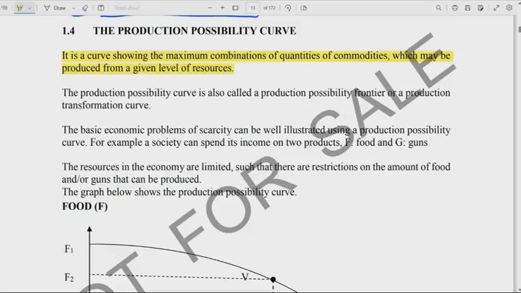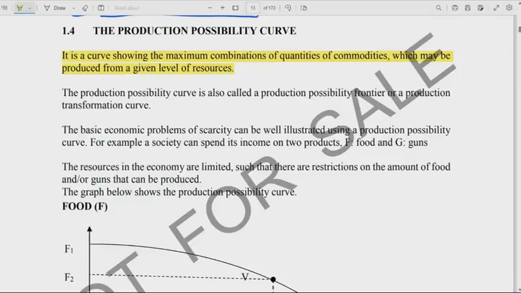For example, a society can spend its income on two products, food and guns. Let's say the resources are in the form of money, which they can spend on food and guns. Those are the choices they have made in terms of priority, what to produce. They have identified that these are the two products that we need to produce: food and guns.